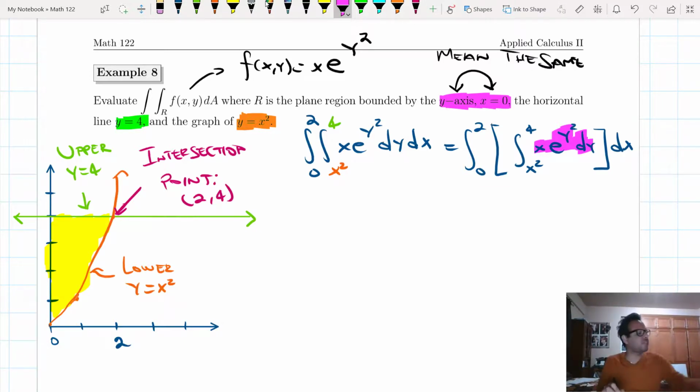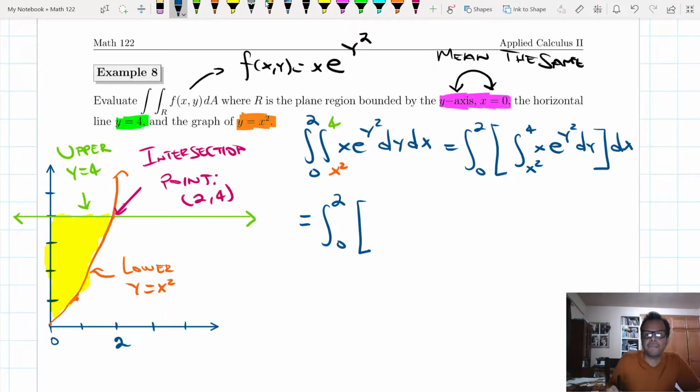So I'm going to take that x outside of that innermost integral. So the integral from 0 to 2 of bracket x times the integral from x squared to 4 of e to the y squared dy, all that times dx.